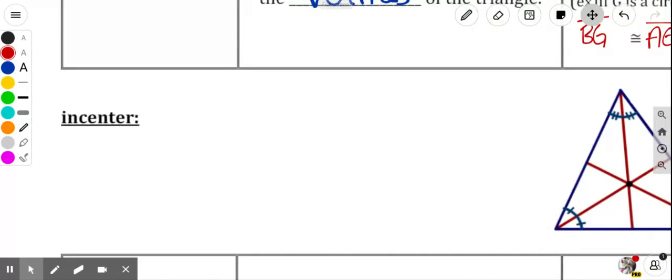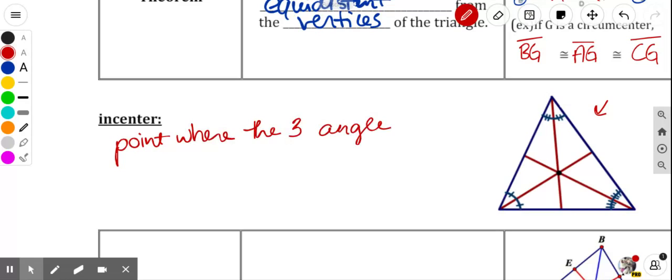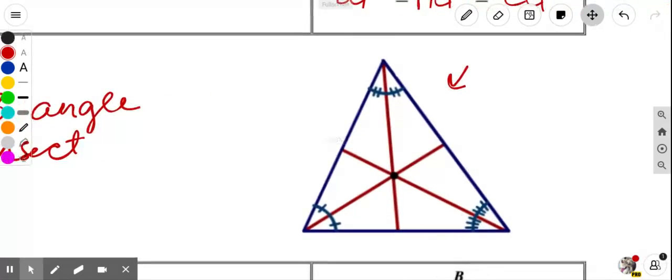The next one is called an incenter. And so you can tell from this picture right here that the incenter is the point where the three angle bisectors intersect. And so if you look at this picture here, I can tell that they are angle bisectors because see how we marked these two angles the same, these two the same, and then these two the same.